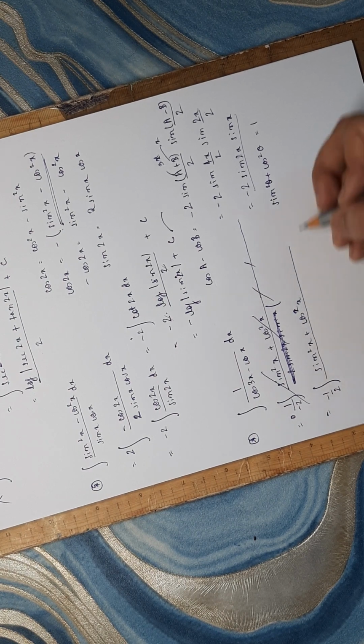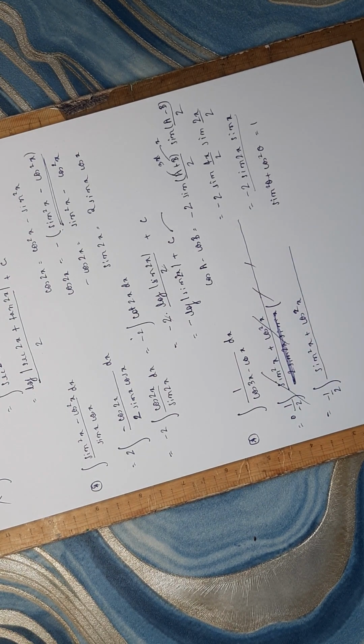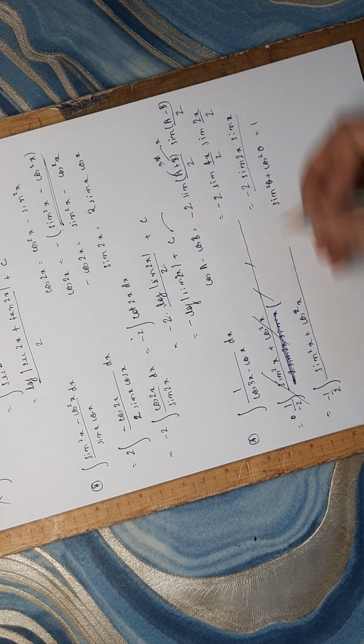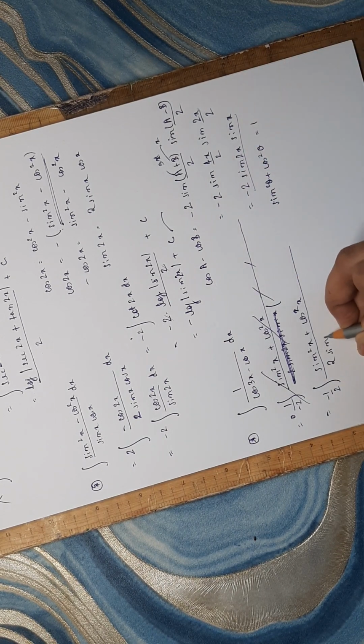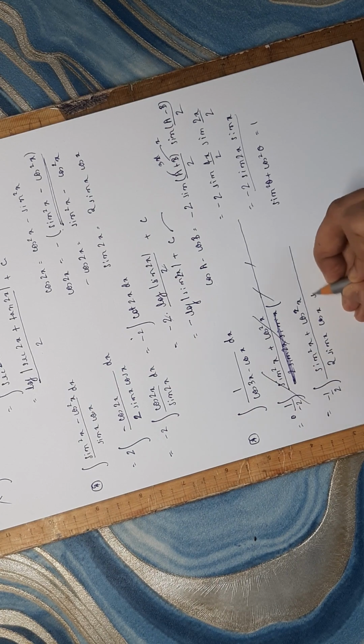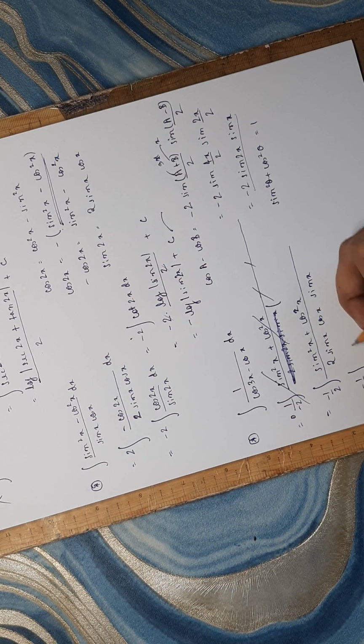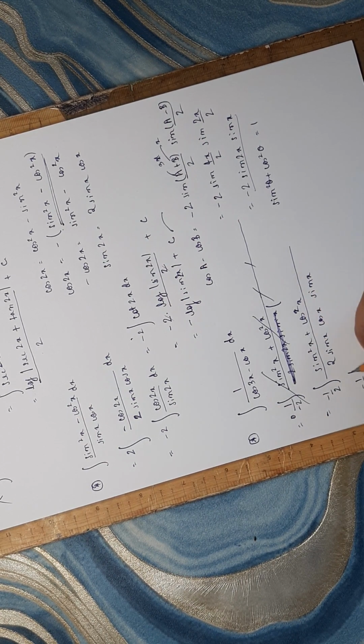And in the denominator, we will have minus 2, we took it outside, and sine 2x is nothing but 2 sine x cos x into sine x, right? Now we will take this 2 outside. So we will now be separating this entire thing. Okay, how will we be separating this entire thing?